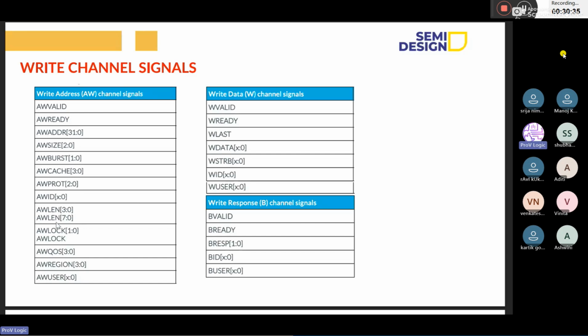Whenever we take the burst in fixed, it means a single transfer. Increment means the 7 down to 0 will indicate the increment. But in increment we have increment 4, increment 8, increment 16. So those subdivisions will be decided by this AW length. So we have two types. We can use either 3 down to 0 or 7 down to 0.